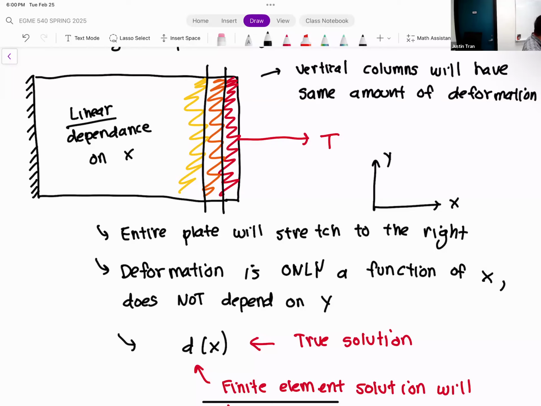Okay. And so if our solution is going to be linear in x, then in this case, we actually don't really get any benefit from using quadratic elements either. Okay.